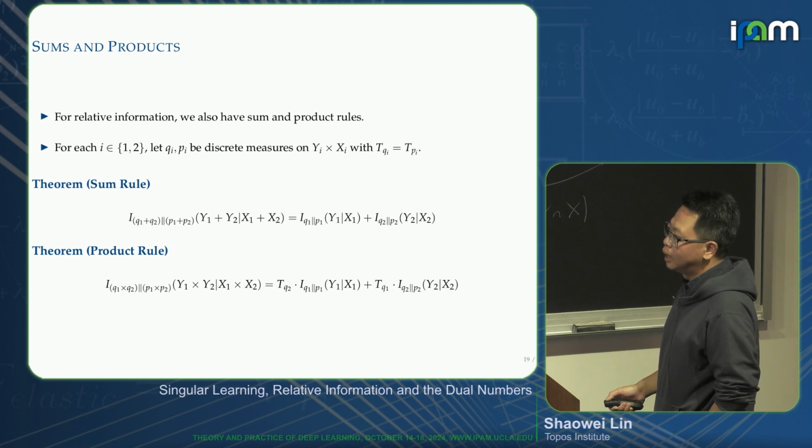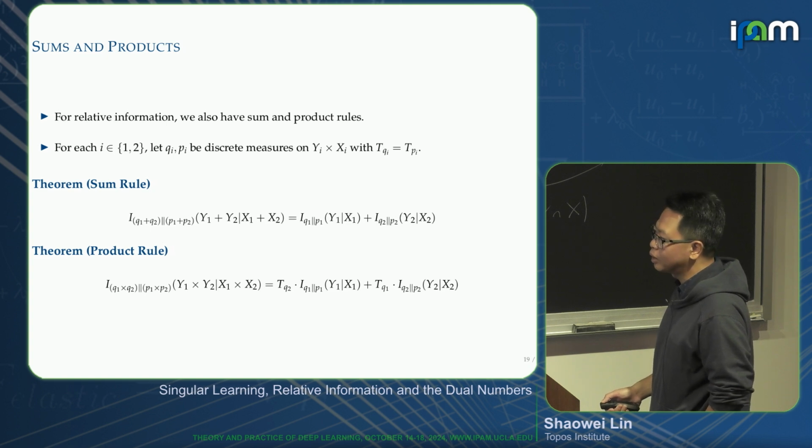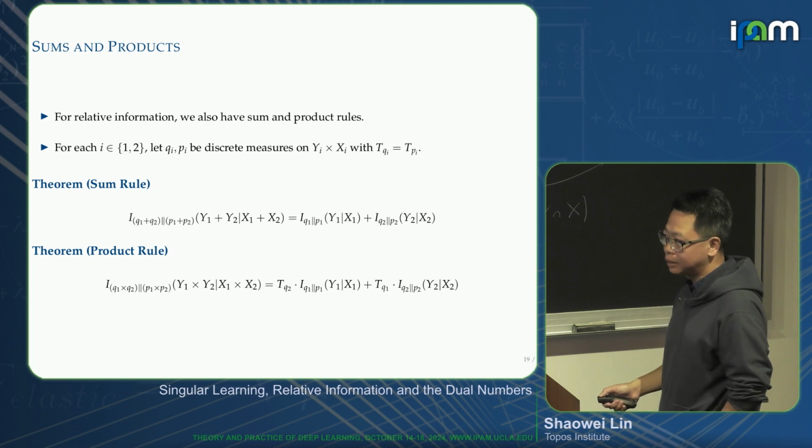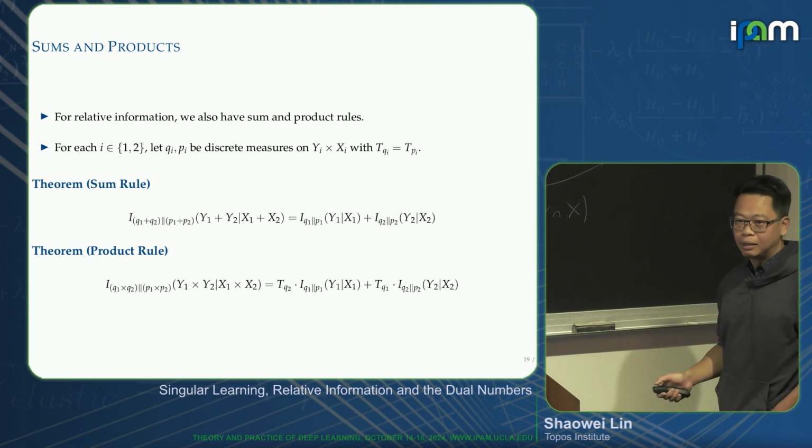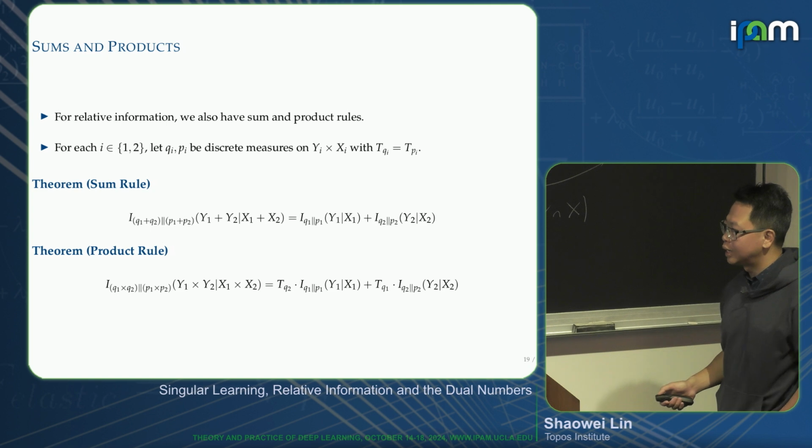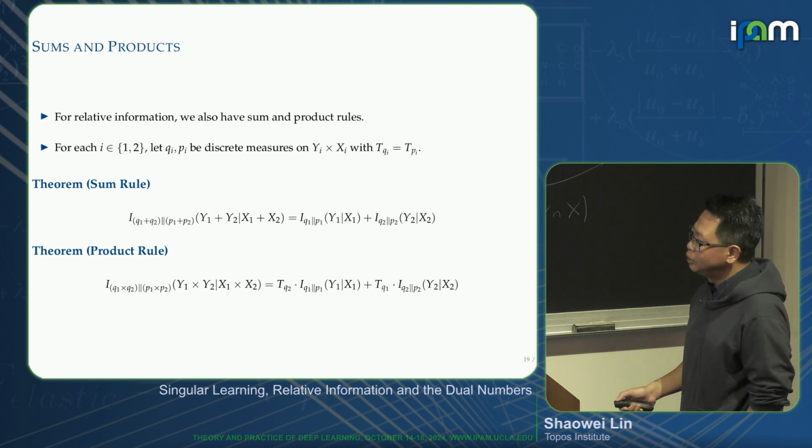If you have P1, P2 as a product and Q1, Q2 as a product, then the relative information has a much more complicated formula, but it turns out there's a good reason for this. You first take the relative information from P1 to Q1, and then you multiply by the total measure of Q2, plus that from P2 to Q2 multiplied by the total measure on Q1.